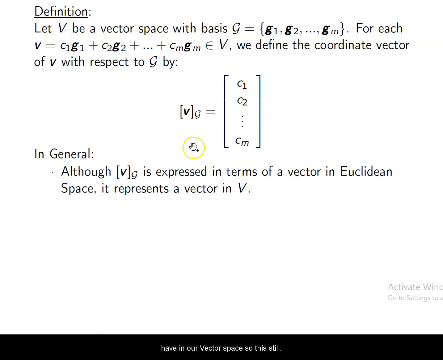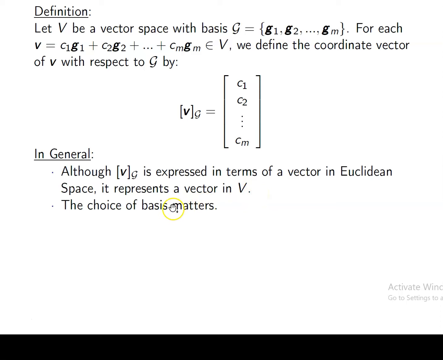So this can represent a function, a polynomial, a matrix, but its coordinate vector representation is always going to be one of our standard Euclidean vectors.